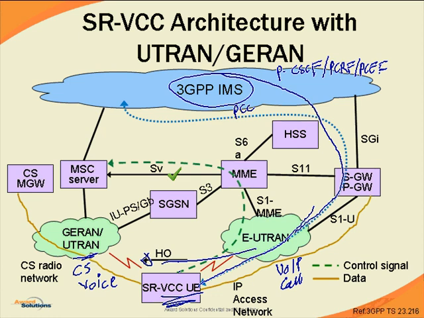IMS network will act as an anchor. So it knows that now we have moved into legacy area. So we can maintain the session, the voice over IP into CS call conversion that is facilitated by IMS. So in future we can go back and forth between two technologies with IMS facilitating this kind of handover.